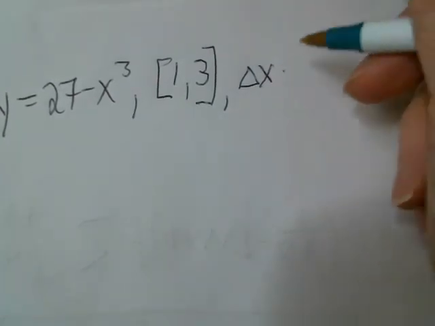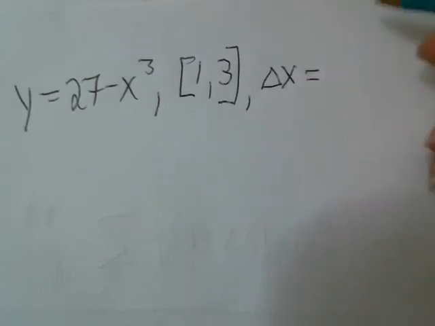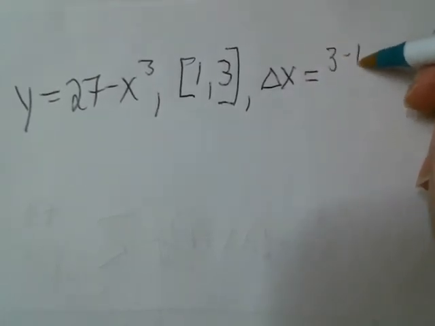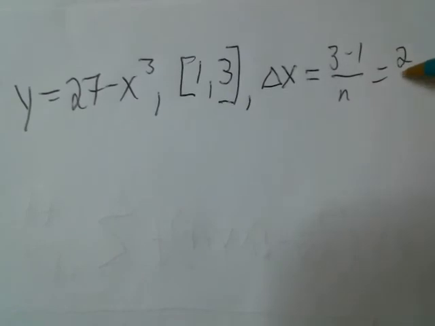Anyways, I need the change in x to pull this off, and the change in x is 3 minus 1 all over n, so it'll be 2 over n. And then I'm using the right-hand endpoint formula, because that formula is easier, usually. Sorry, the left-hand endpoint is the one I want. Hopefully that's what I said in my little lecture.